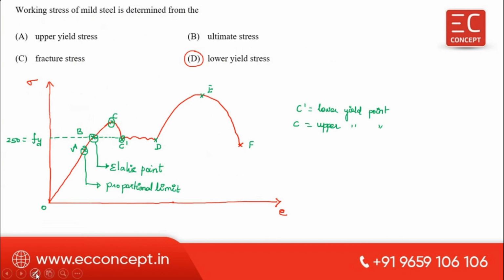Now, how can you calculate working stress? The working stress will be calculated using an appropriate factor of safety. Then you will get the permissible stress: Fy divided by factor of safety.